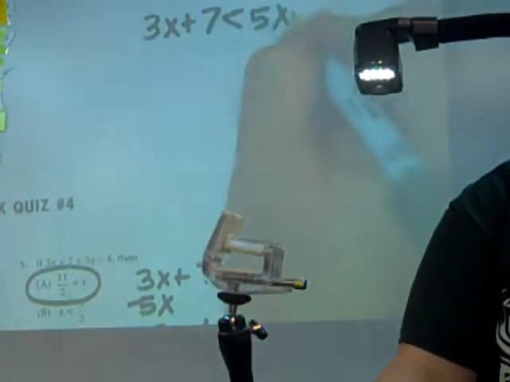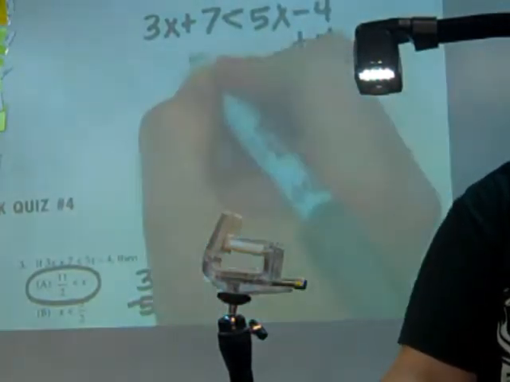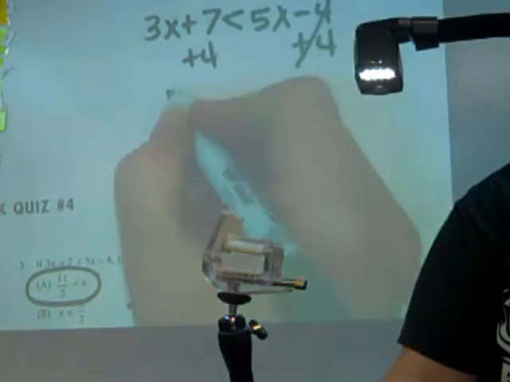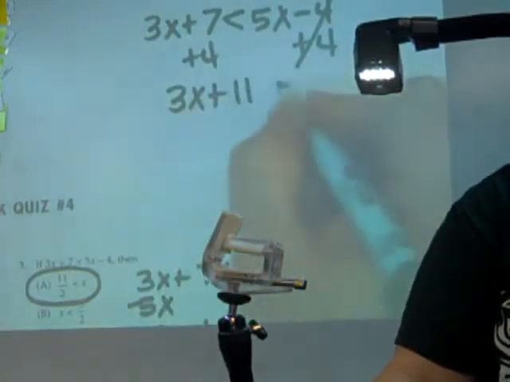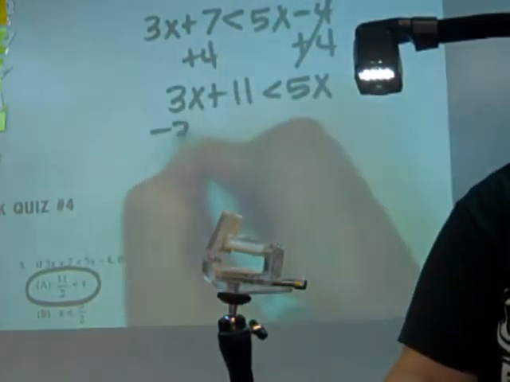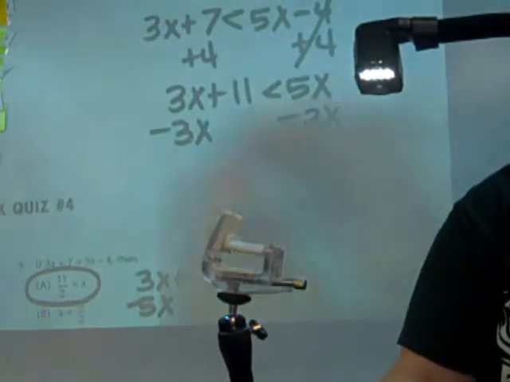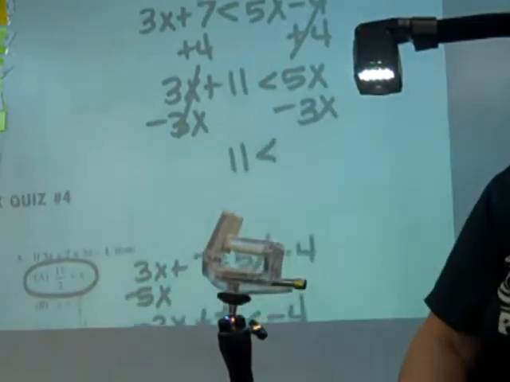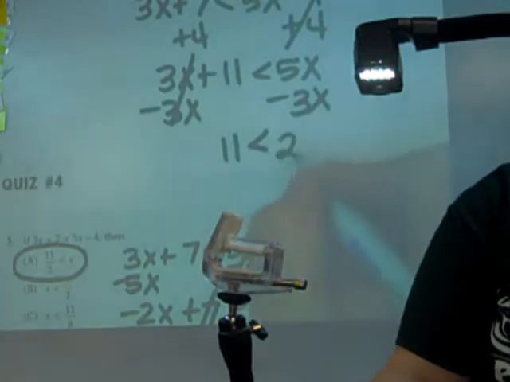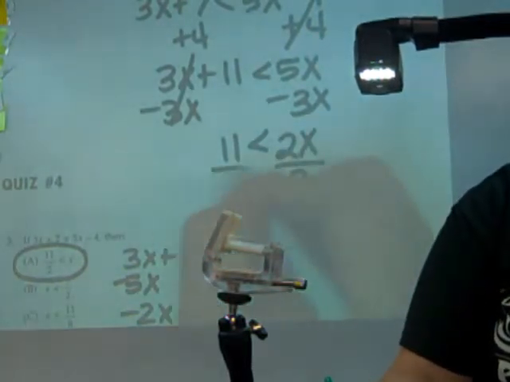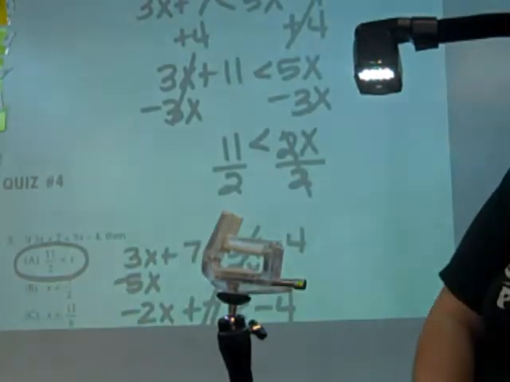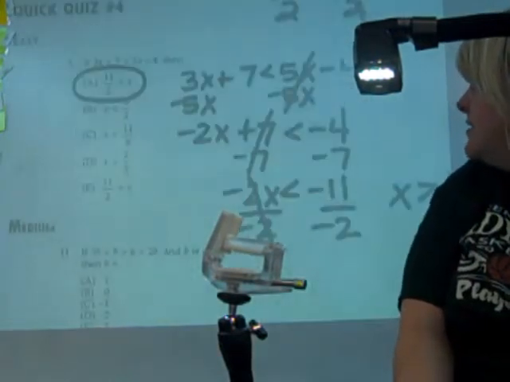Okay, so you added the 4. And then it crossed off, and then I moved the 3 over. And then you moved the 3 over. And then I got 11. Yeah. So you got 11 is less than 2x. And then you just divide by 2. You got the same answer, you just did it different. Yeah, that's the same thing I did. Yeah, so that worked out good.